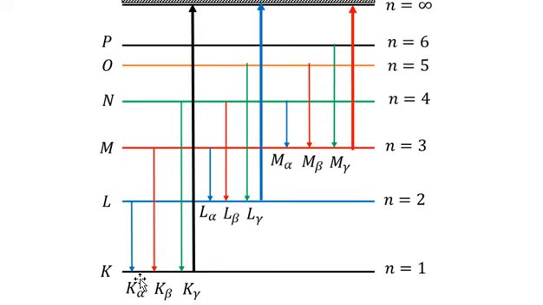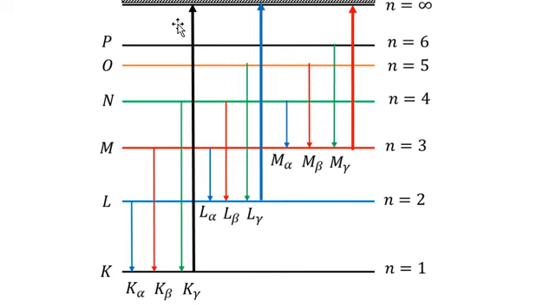Then of course that quantum of photon will be very high in energy, and that is referred to as the K edge. And that will have an energy corresponding as shown by the black arrow. So this will actually correspond to the energy of the K edge.